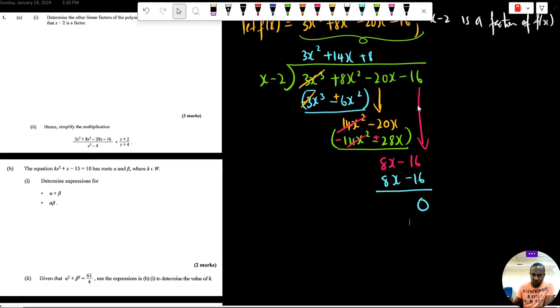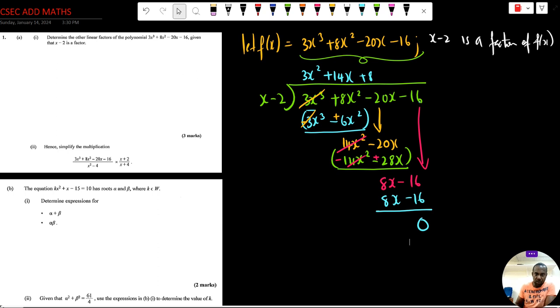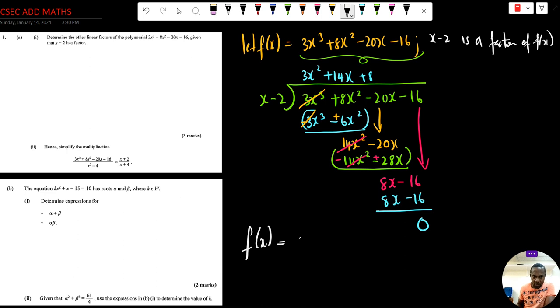Okay, so having done that, we can now basically go on to say that our polynomial f of x may be written as 3x cubed plus 8x squared minus 20x minus 16.